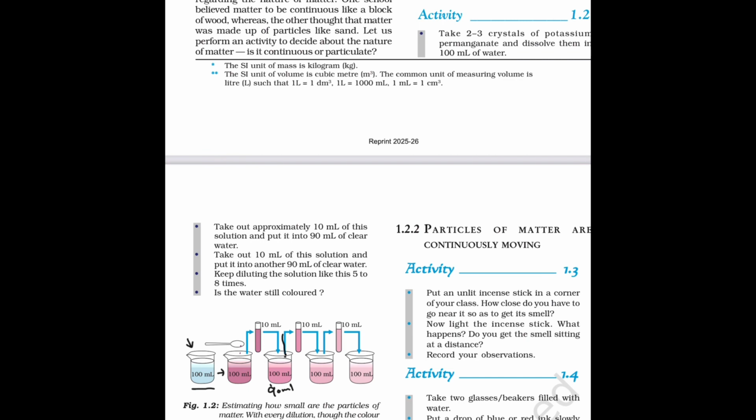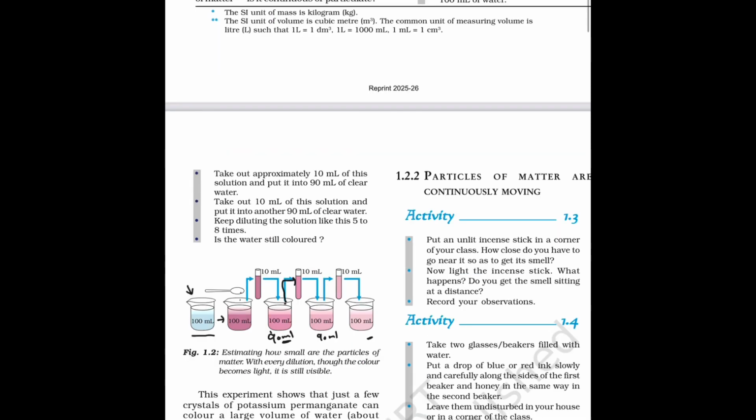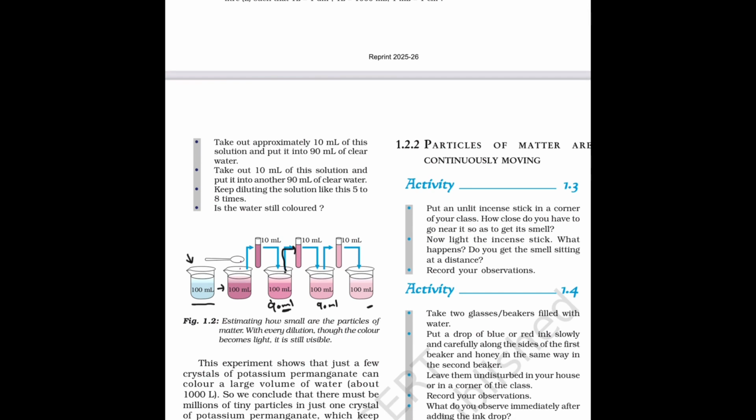Again, take 10 ml of solution from this one, put it in another 90 ml clear water and keep diluting the solution like this 5 to 8 times. You will observe that water still has this pink color. So what this experiment shows, that just a few crystals of potassium permanganate can color a large volume of water. It means that particles of potassium permanganate spread into the spaces between these water particles.